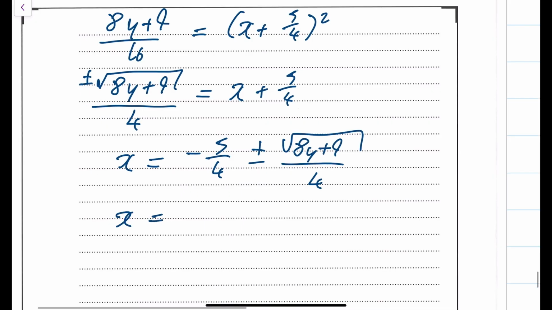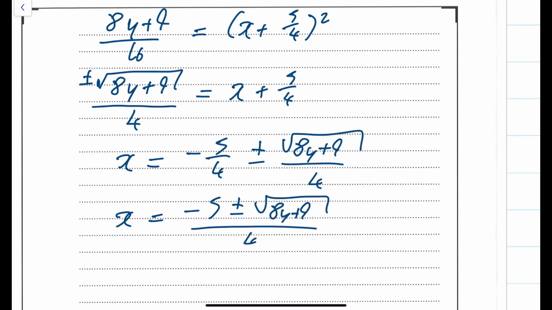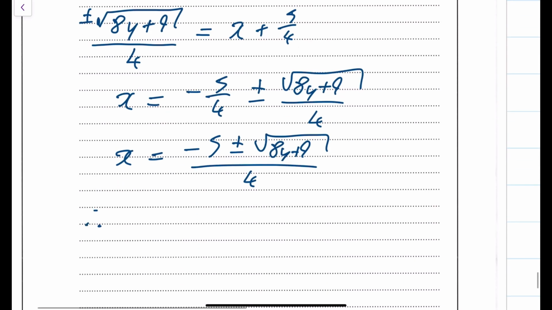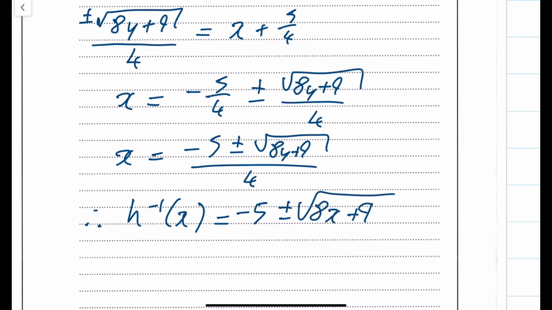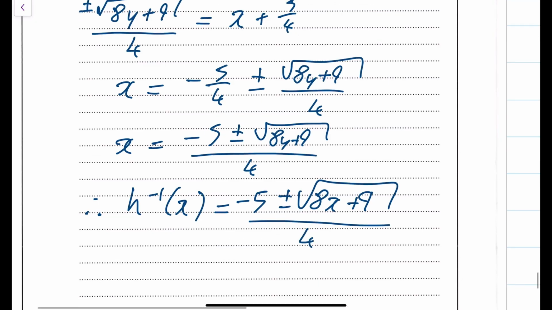So x is equal to minus 5 plus or minus the square root of 8y plus 9 all over 4. Therefore, your h to the minus 1, now you rewrite it as minus 5 plus or minus the square root of 8x plus 9, all divided by 4.